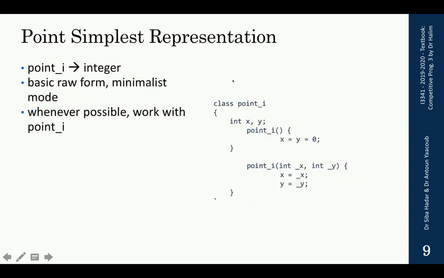So we have two classes or two structures, whether you are working in C, C++ or Java: point underscore i and point. Point underscore i will work with integers, and this is a very basic raw form. It is minimalist mode. If the problem does not require the other type, just stick with this type.